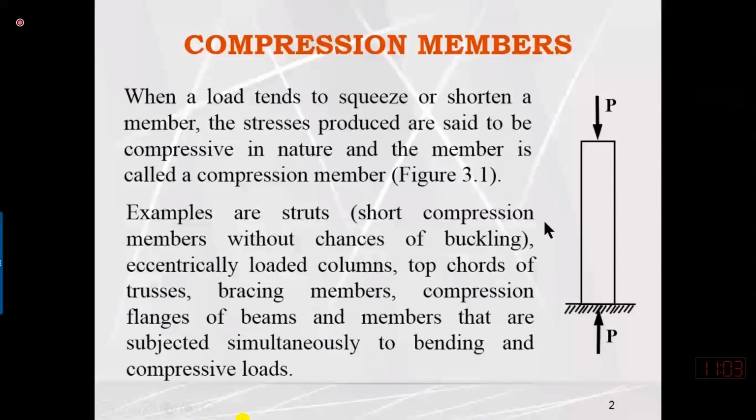Then we have to study how a member behaves differently when it is subjected to tensile forces and compressive forces. We have already discussed that if we have a tension member which is initially crooked, meaning it is not perfectly straight, and even if the load is not concentric, meaning it is not acting at the center point, as you will see in the upcoming slide, there will be no effect on its tensile capacity.